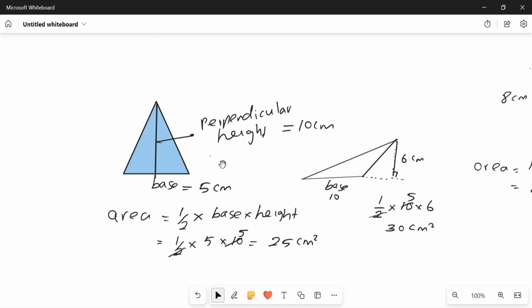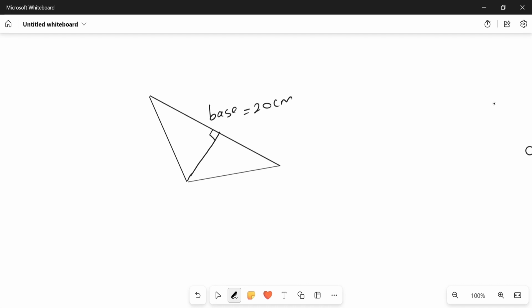For example, look at this triangle. And if you take this as a base, the perpendicular height is here. This is the perpendicular height. So if the base is 20 centimeter and the perpendicular height is 10 centimeter, again the same formula, half into base into height.